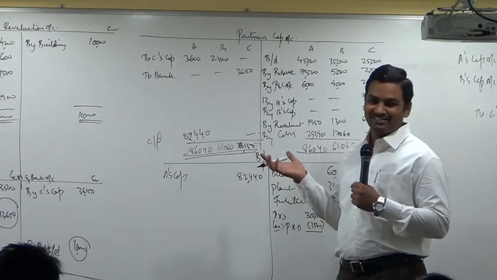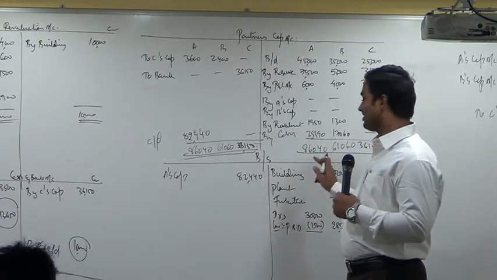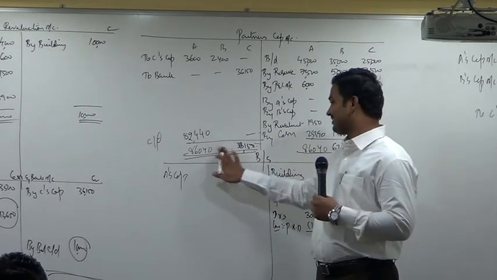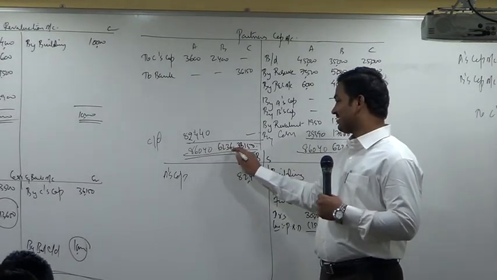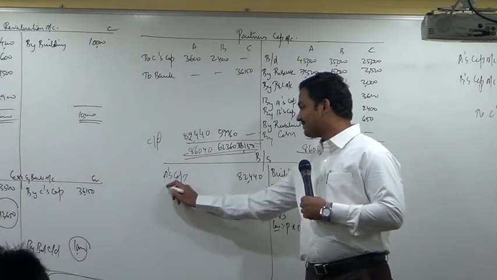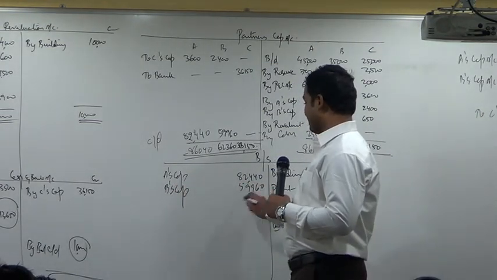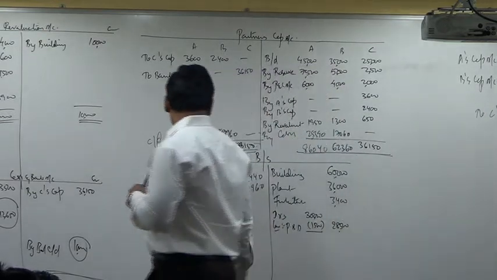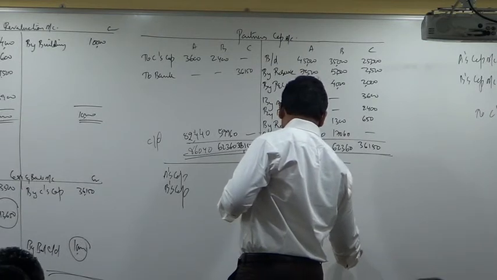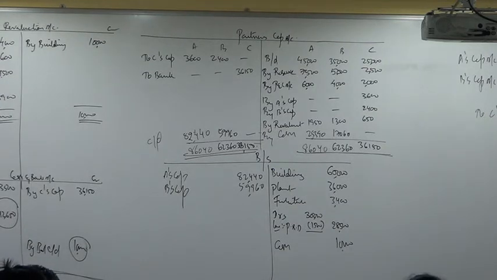See, my numbers are different. B's capital 59,960. Now show the closing cash balance also in the balance sheet. Balance sheet total 1,60,900.